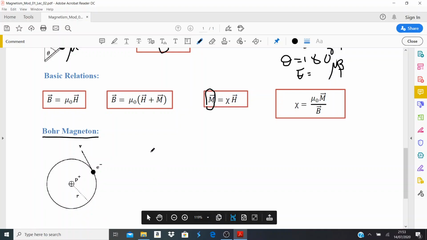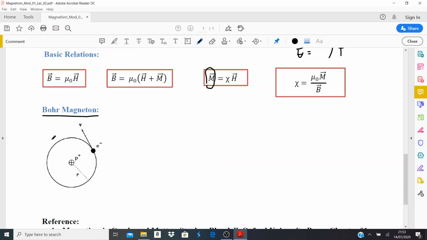Now, recall from your first year physics courses that the Bohr model of atomic physics says that only certain paths are allowed around the proton.